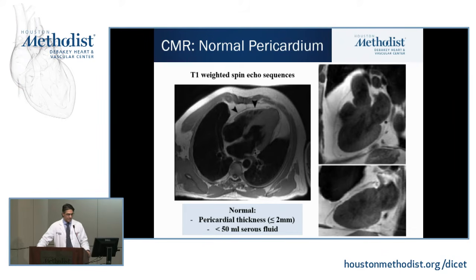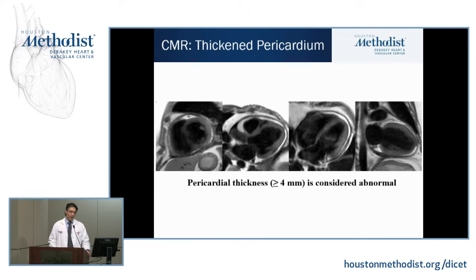And normally, as you'll see in some slides coming up, there's usually some amount of pericardial fluid there, generally in the order of less than 50 cc's. Contrast this with this image, where I hope you'll appreciate a very thickened, rind-like pericardium completely circumscribing the myocardium. And here we consider an abnormal pericardium usually greater than 4 millimeters thick.